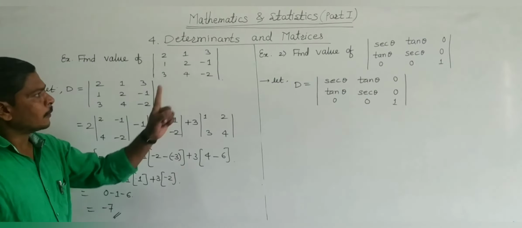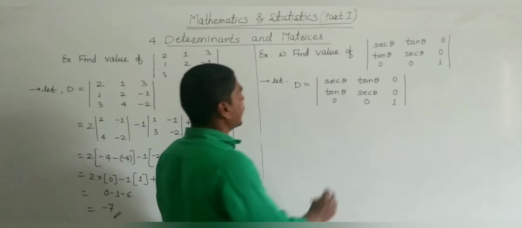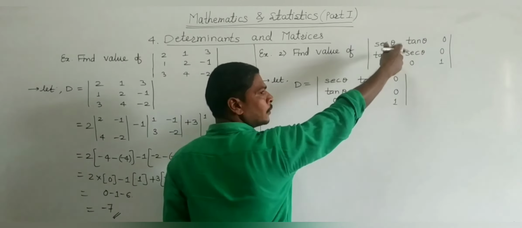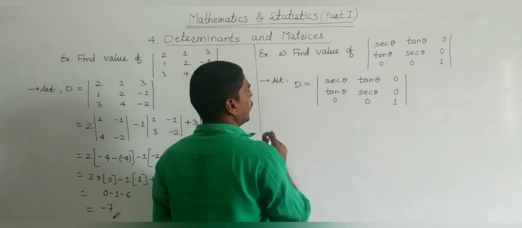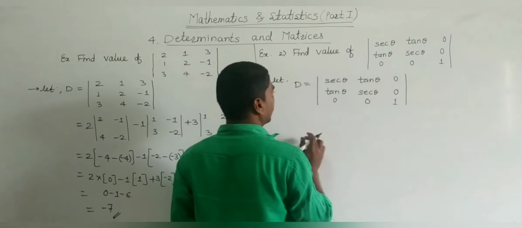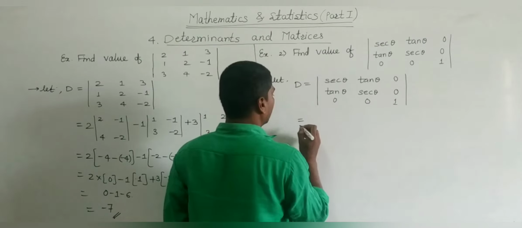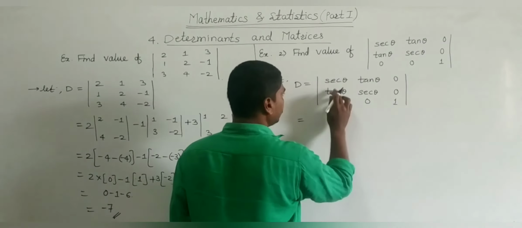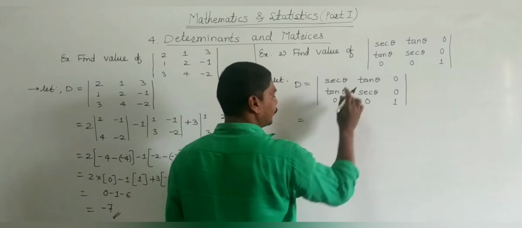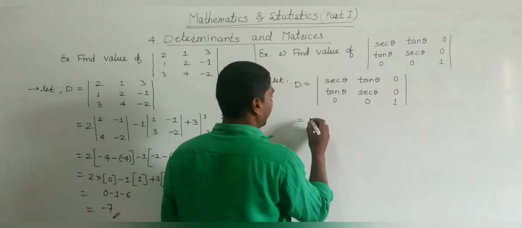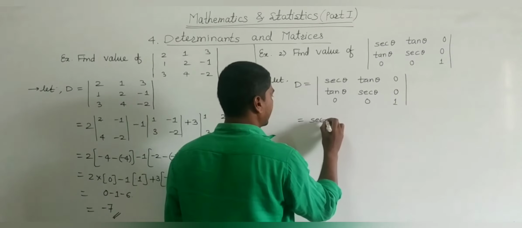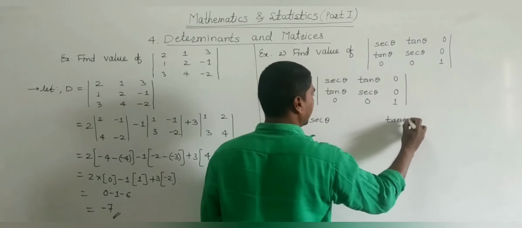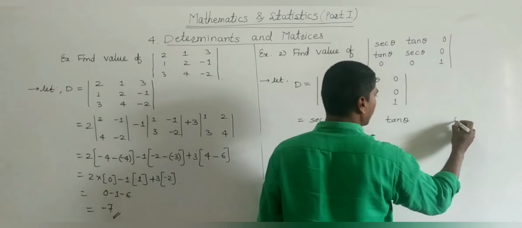Similarly, solve this second example in which our requirement is to find the value of this determinant. Let D be equal to this determinant as it is. Similar to the first example, we write all elements of the first row in sequence. The first element is sec theta, then the next element is tan theta, and the last element is 0.